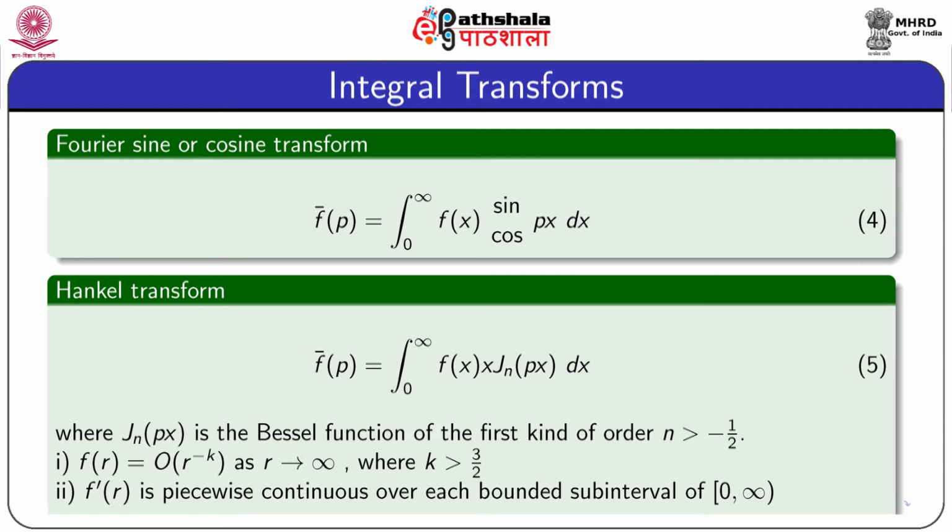It is to be noted that the Hankel transformation of a function f(x) exists if it satisfies condition number 1, that f(r) equals order of r to the power minus k as r goes to infinity, where k is greater than 3/2, and f dash star is piecewise continuous over each bounded subinterval of 0 to infinity.